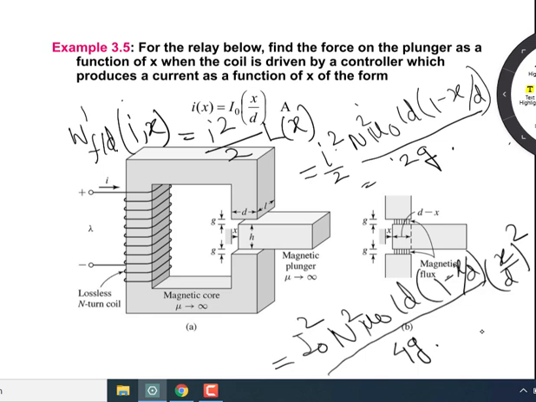So this is the whole thing, this is the expression of our co-energy.